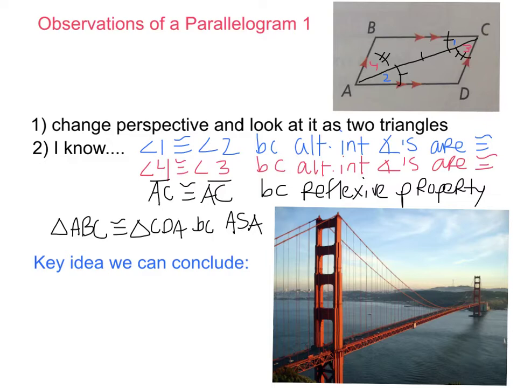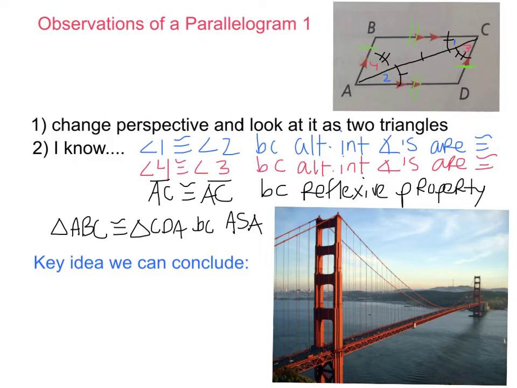Okay, that means that this side is the same as which side? Yeah, this side over here. And that's because corresponding parts of congruent triangles are congruent, right? And that also means that this side, BC, is also congruent to AD.